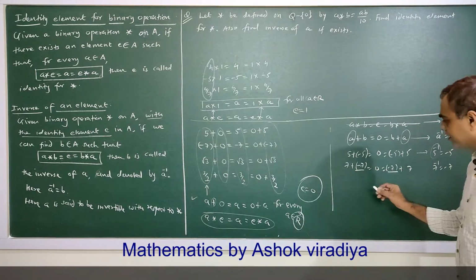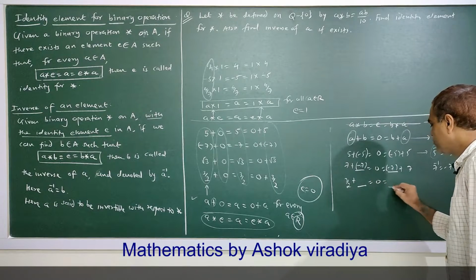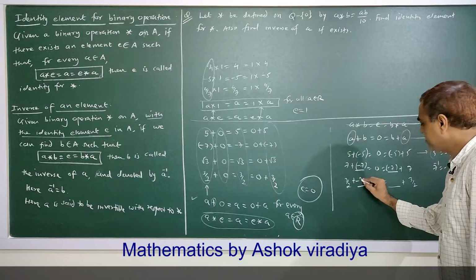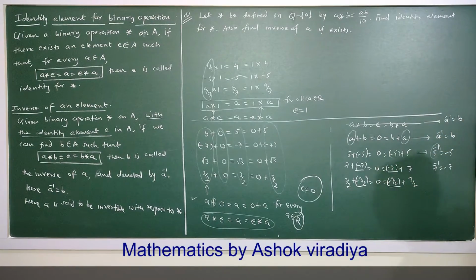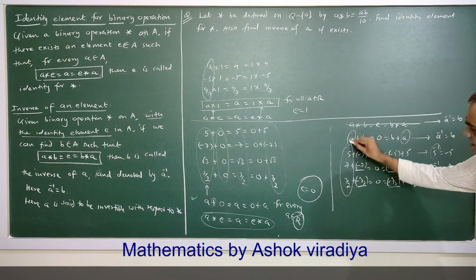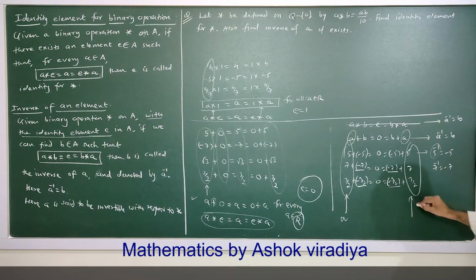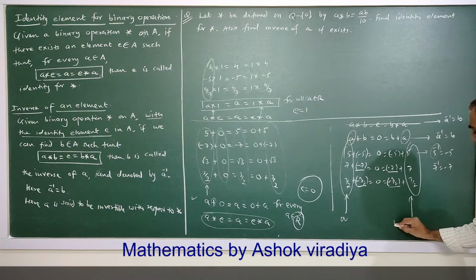If we take any number here, 3 by 2 plus something equal to 0 equal to something plus 3 by 2, so something is minus 3 by 2. So here, if you choose any A, then whatever we get here, that is B. This is the binary operator.